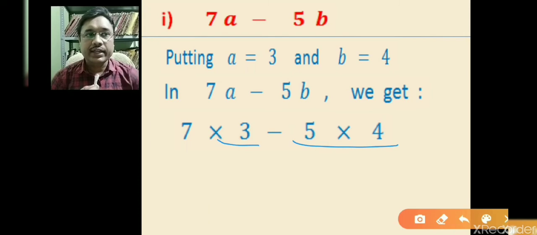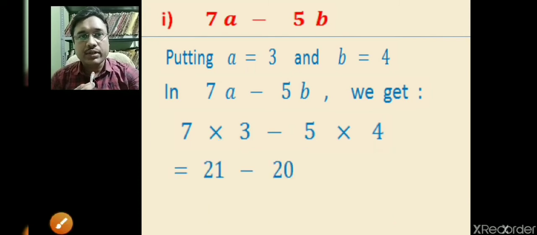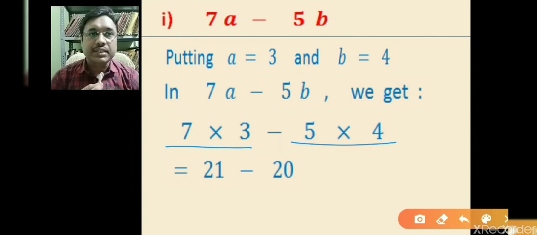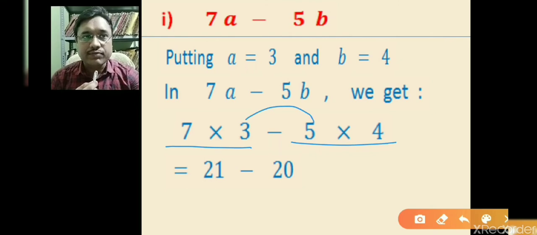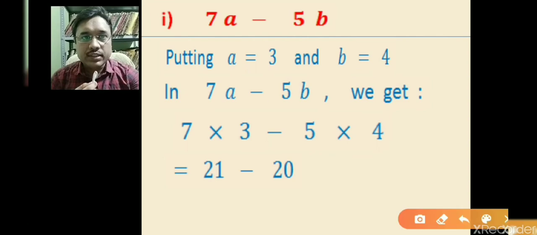What we are getting here? It is 21 minus 20. 7 into 3 is 21, and 5 into 4 is 20. First we will multiply according to BODMAS, then at the last we will subtract. By mistake some students first do 3 minus 5, that is a mistake. First you will multiply 7 into 3 and 5 into 4.